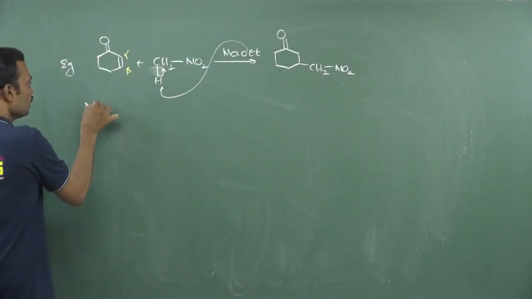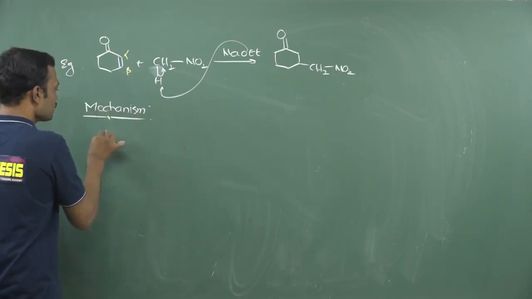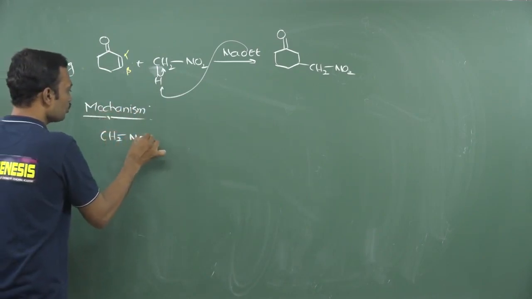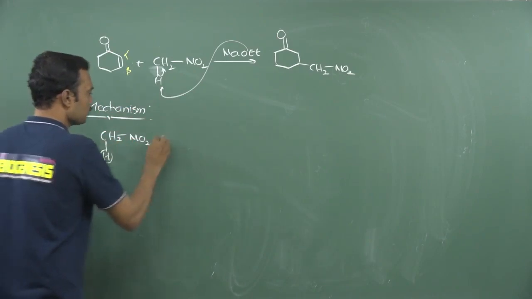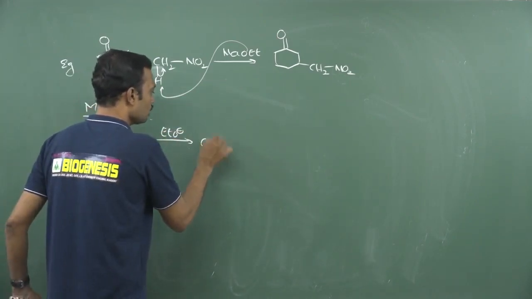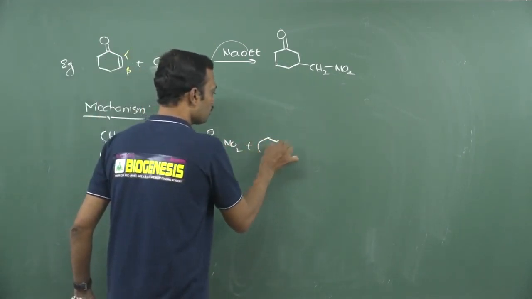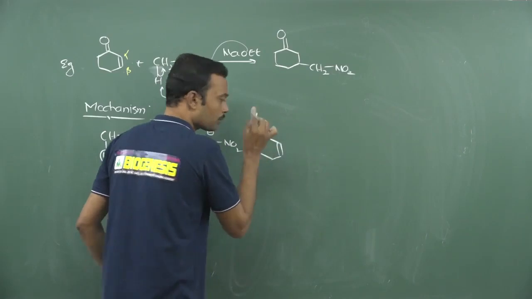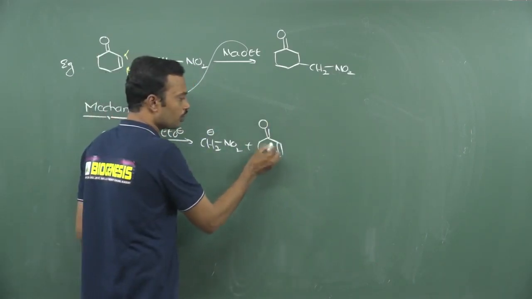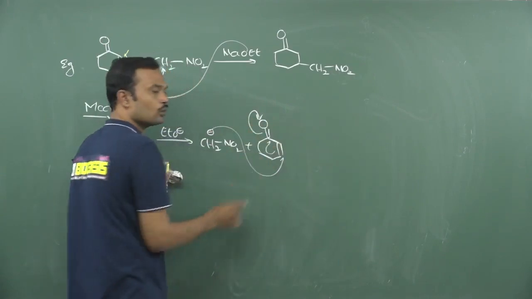First, if you see the mechanism involved in this reaction, this is CH2NO2 and here a hydrogen atom is present. So if I use EtO minus, this will take this proton and you may get a carbanion. This carbanion is going to be added on the beta carbon. Why is it adding on the beta carbon? Because it is a soft nucleophile and the beta carbon is a soft electrophile. It will attack over here, the electrons will migrate and transfer to oxygen.